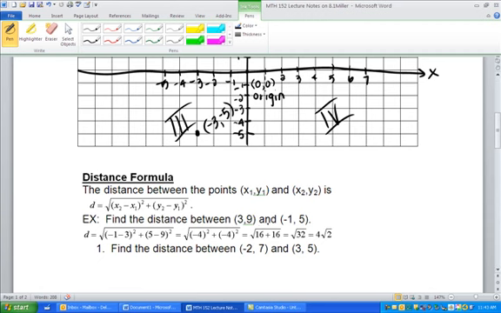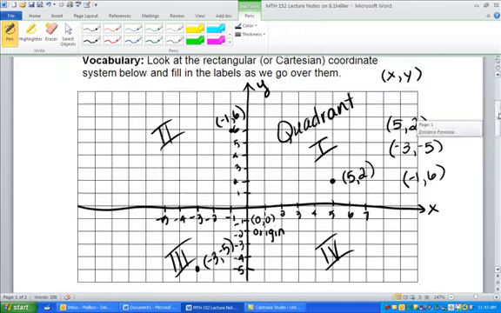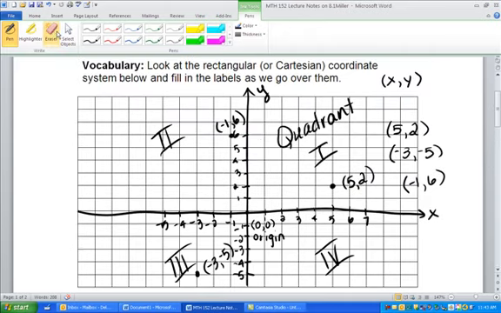So I'm going to go back up here and fix my graph so that I have the points 3, 9 and -1, 5. So I'm going to do a little erasing here to get rid of some of the extra stuff. Get rid of that point if I can. Whoops, I erased my 6. Okay.